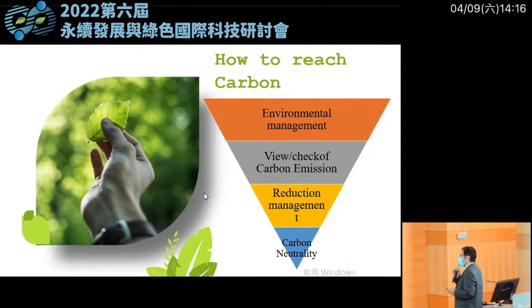And the third thing is, once you know how much carbon you emit, you must find a way to reduce it. So finally, maybe we can reach carbon neutrality.